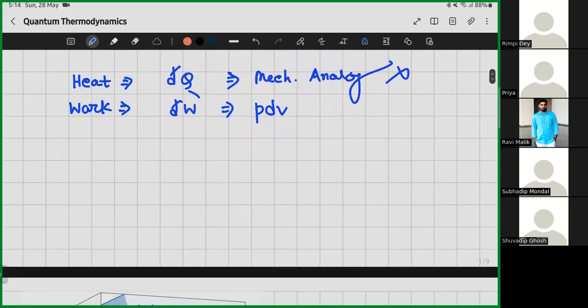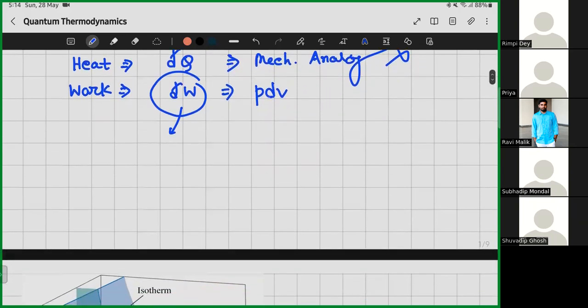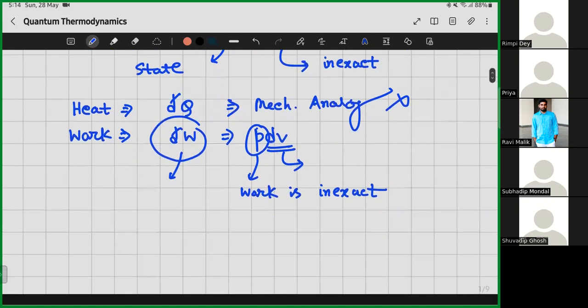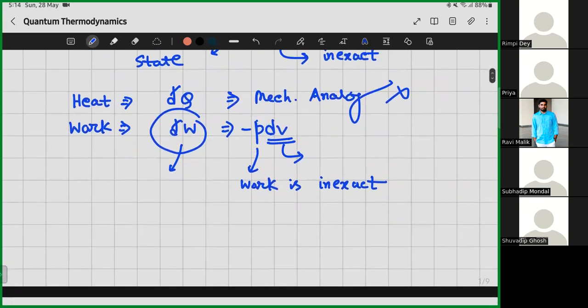So here đW is an inexact differential, though the volume, or the line element, is an exact differential. Due to the pressure, work becomes an inexact differential. Okay, so this is the first law, but this is minus PdV.